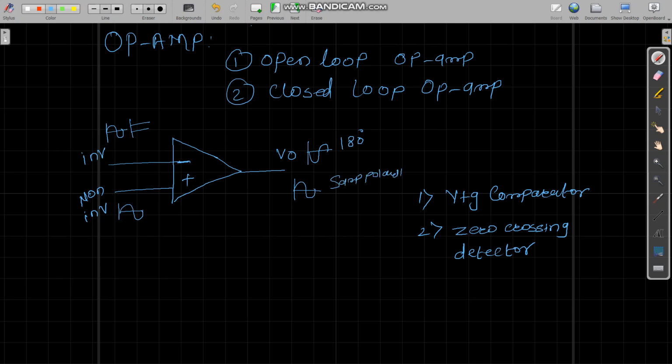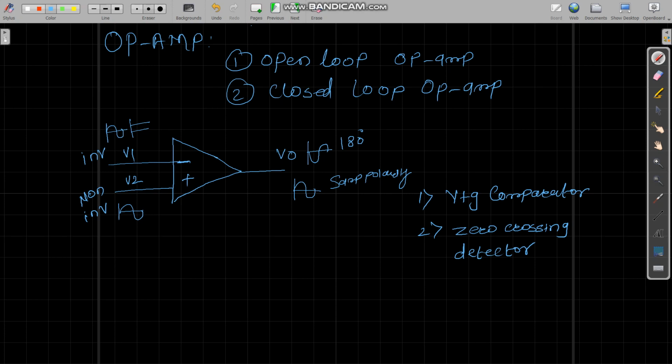Therefore, this is called the non-inverting terminal. So let us say this is V1, this is V2, and this is your V0. Now let's see this op amp. This is a symbolic representation of an op amp.